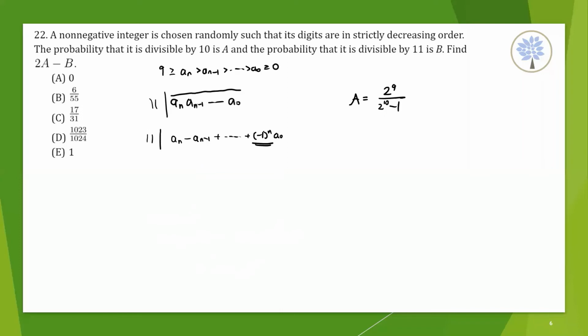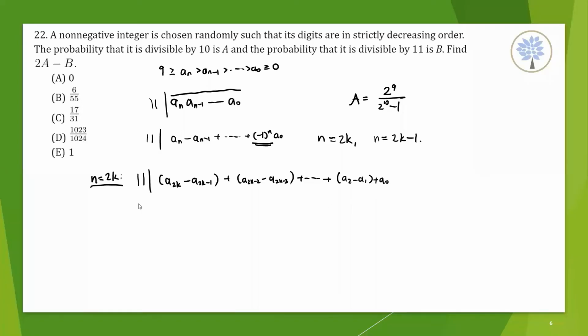So in fact, we're going to consider two different cases: if n is even, so we can write that as n equals 2k, or n is odd, in which case we can write n equals 2k minus 1. Let's consider these two cases separately. Let's consider the case when n is even first.